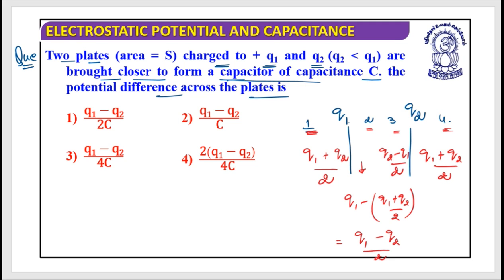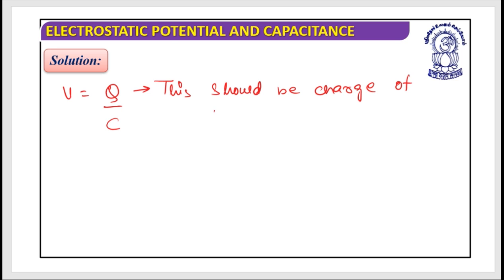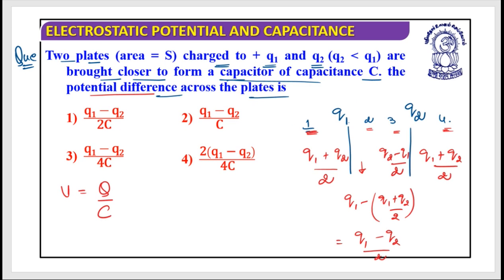Now what you require is the potential difference. So what I know is that V equals Q divided by C. When I write V equals Q by C, I must consider that this should be the charge of the positive plate, which in my case is (Q1 minus Q2) by 2.